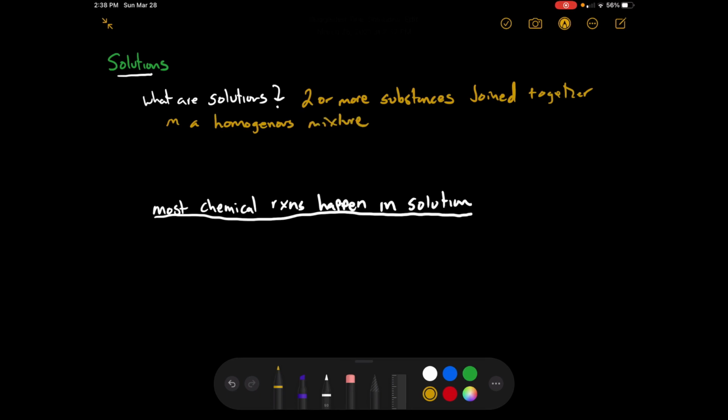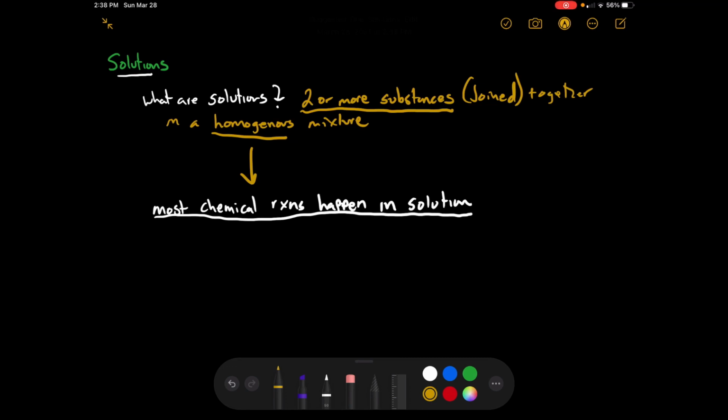So solutions are two or more substances joined together in a homogeneous mixture. And most chemical reactions happen in solutions.